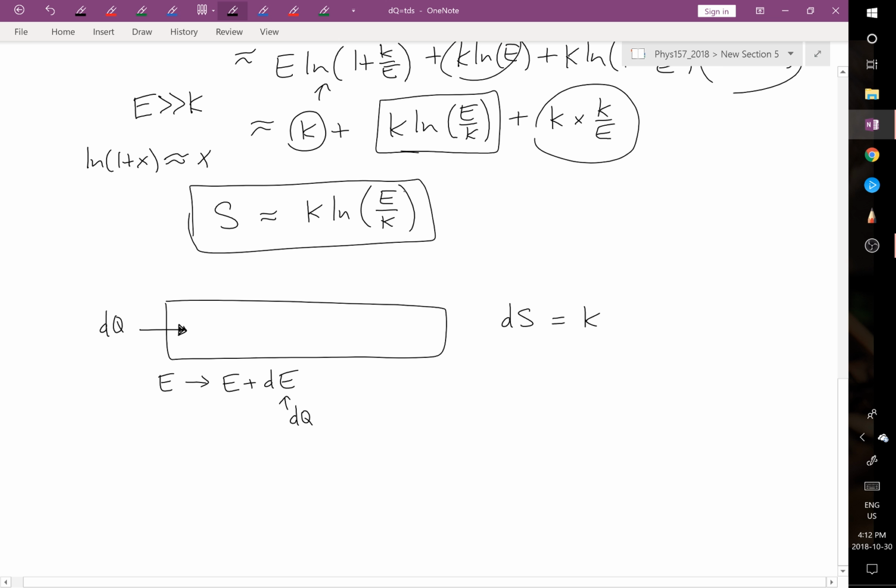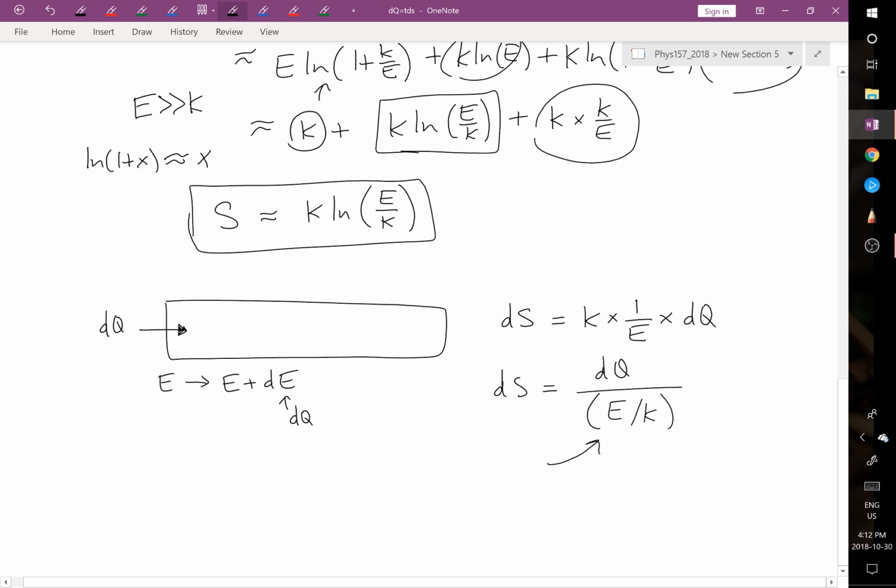Well, the derivative of log E is 1 over E. So using the chain rule, we get dS equals K times 1 over E times our change in energy, which is going to be equal to dQ. Okay. So what we finally got is now dS equals dQ, and then that's divided by, I'm going to rearrange it to be E over K.